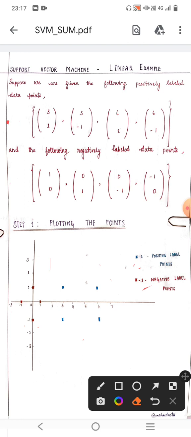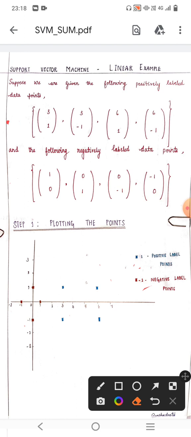Considering this line that is cutting at 2, we have 3 points which are close to this hyperplane. Those 3 points are called support vectors, which actually help in the convergence of the algorithm.